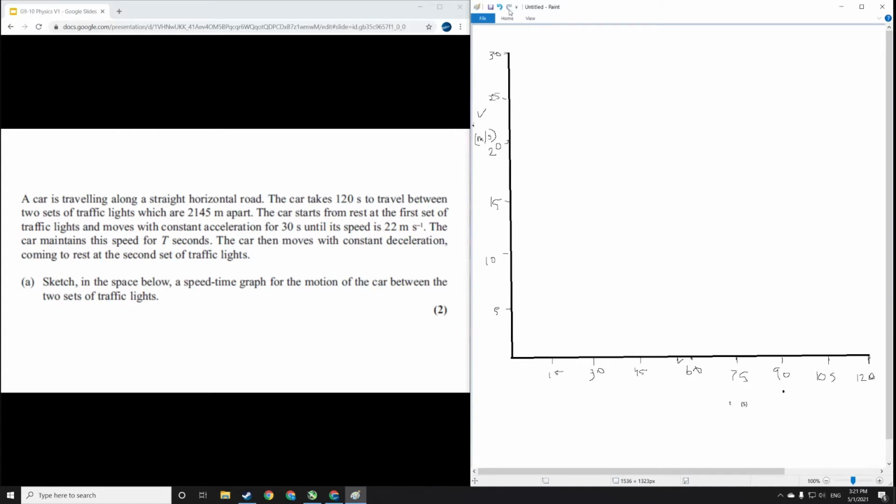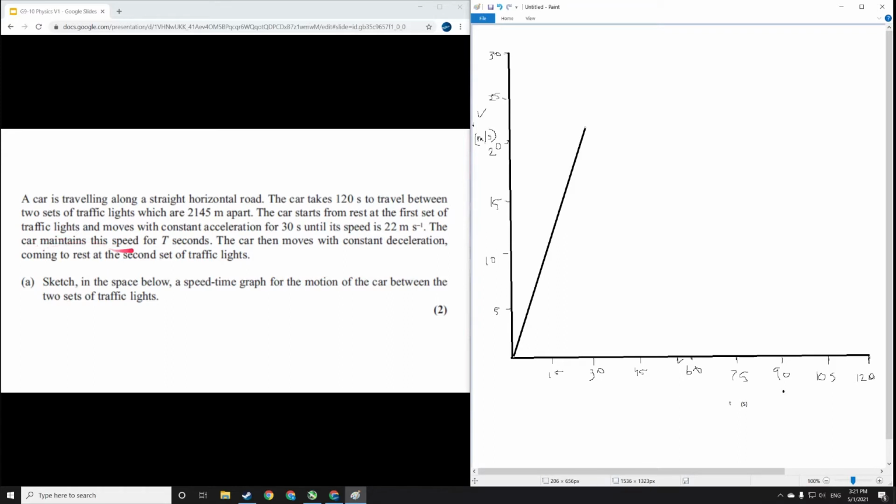So the car starts at rest, as you can see, and then moves with constant acceleration for 30 seconds until it reaches 22 meters per second. So what we're going to do is count to 22. This seems to be around right, and then for 30 seconds. So we want it to stop at 30 seconds. Okay. So that seems about right.